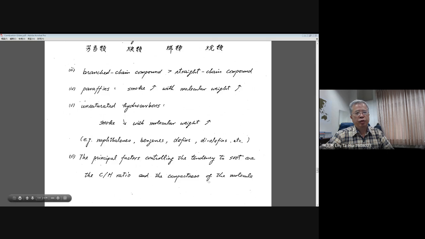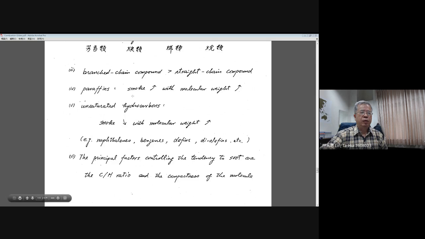The molecular structure of the fuel is the other effect. As I mentioned, for paraffin, the molecular weight increases and the straight chain becomes longer. A longer chemical chain is easier to cut, to release the carbon radical and the hydrogen radical, and it will produce more smoke.